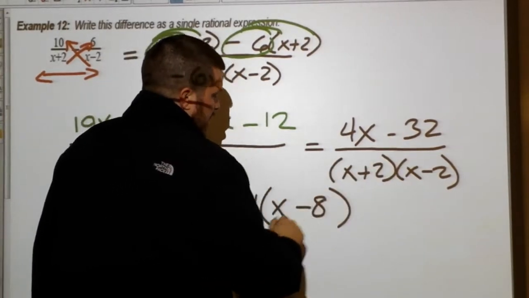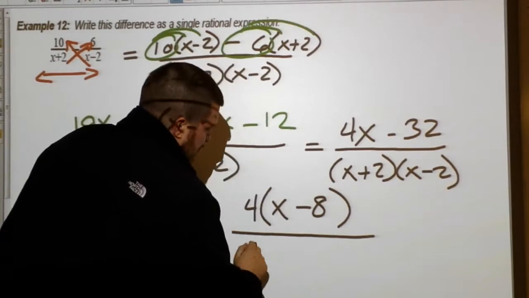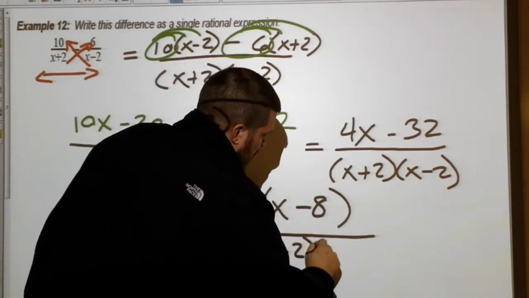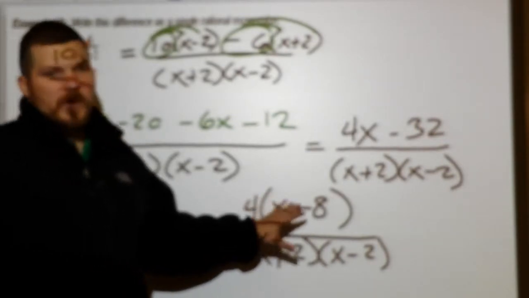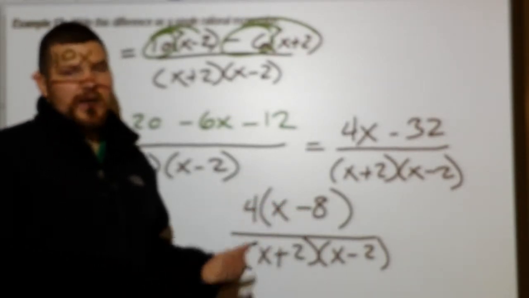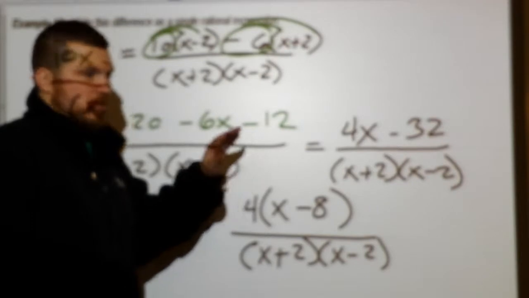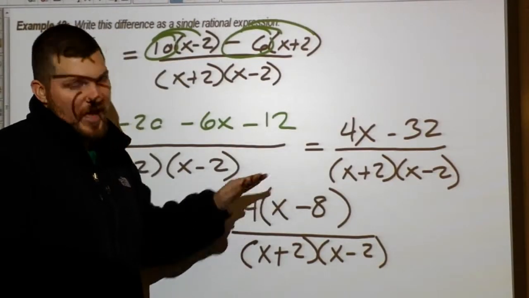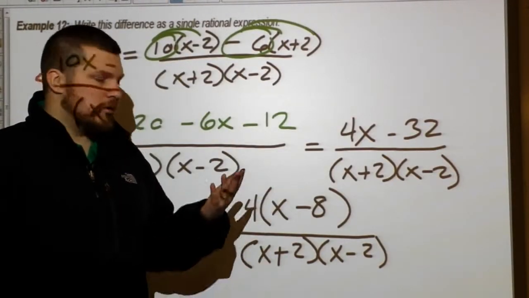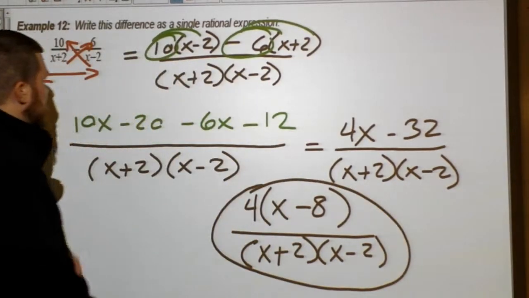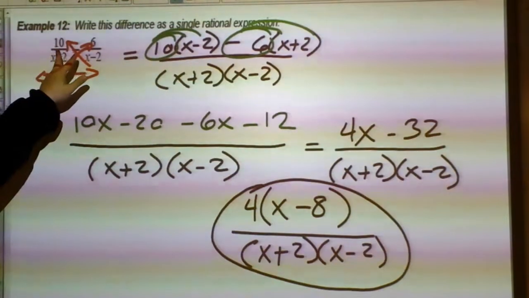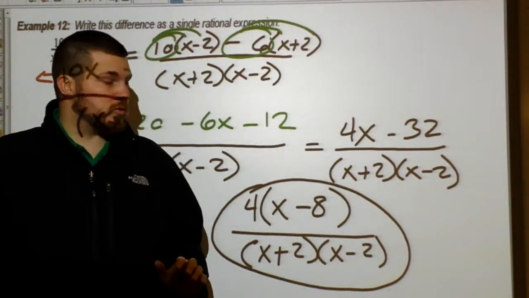Also easy, negative 8. My bottom still stays the same: x plus 2, x minus 2. Unfortunately, nothing else will factor here, so I cannot cancel anything out. Remember, to cancel, you have to have identical pieces on top and bottom. Nothing cancels, and that's okay. What we've done is subtract the two rational expressions we started with in our original problem, and we simplified as far as we can go.